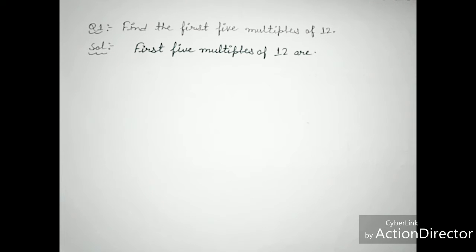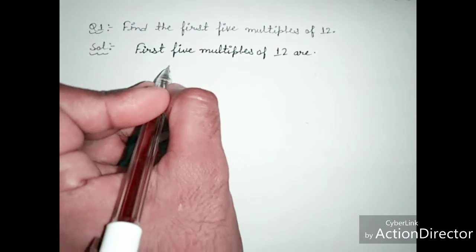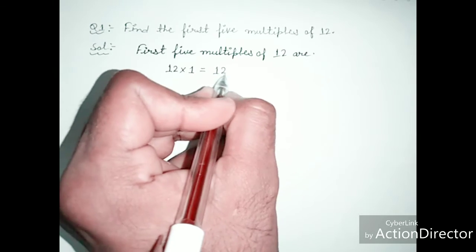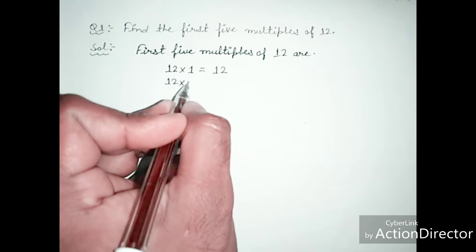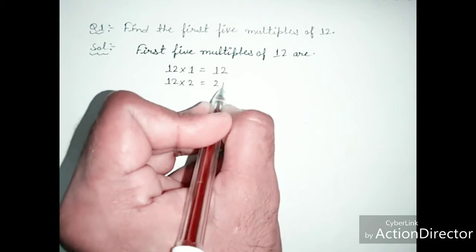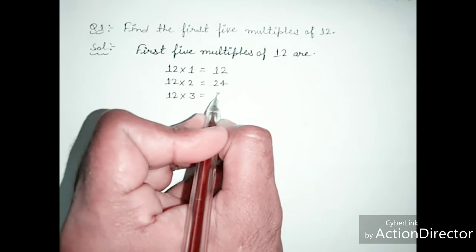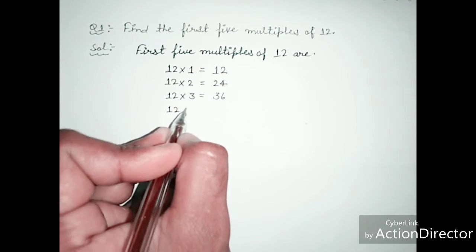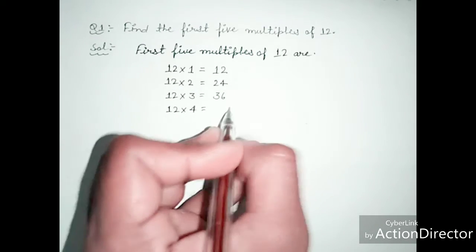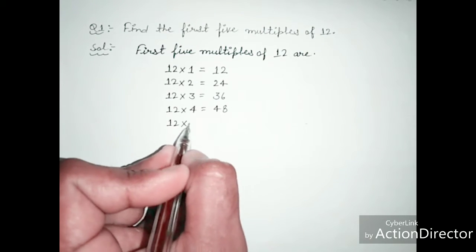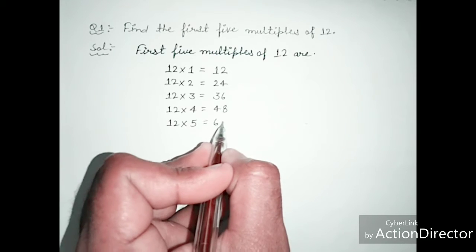First we multiply 12 by 1, then 2, then 3, then 4 and so on. 12 ones are 12, 12 twos are 24, 12 threes are 36, 12 fours are 48, 12 fives are 60.